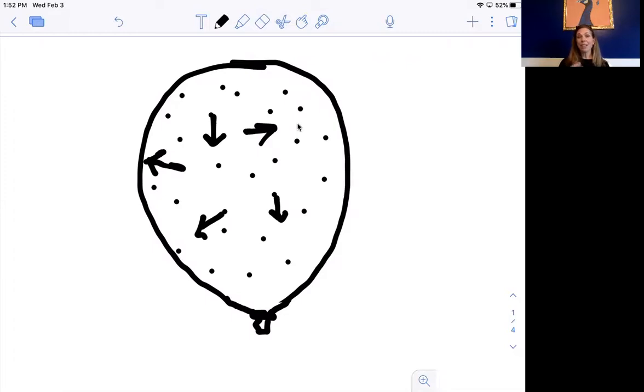But in reality, it's pretty wild in there. When the gas particles hit each other, they just bounce off. They don't really slow down. They don't stop to say, hey, how are you doing? They don't care. They are moving so quickly.